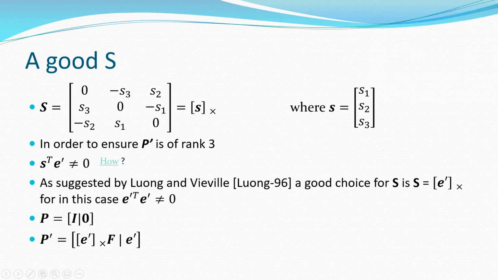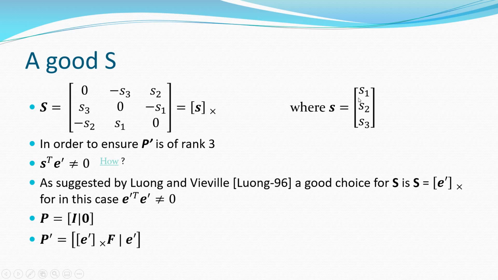Right. Now, what should be a good S? What should I select S to be? So S is just a 3x3 skew symmetric matrix, so it can be any matrix like this. You can represent this S also in a cross product notation like this.